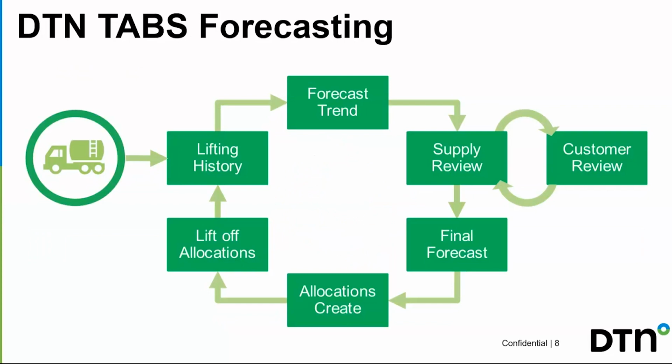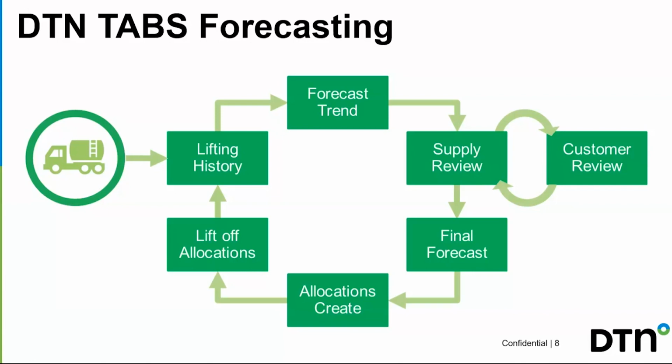That creates lifting history. Based off that lifting history, TABS then creates a forecast trend. That forecast trend is then used for a supply review, where internally you can see those allocations, and it can also be used for customer review.